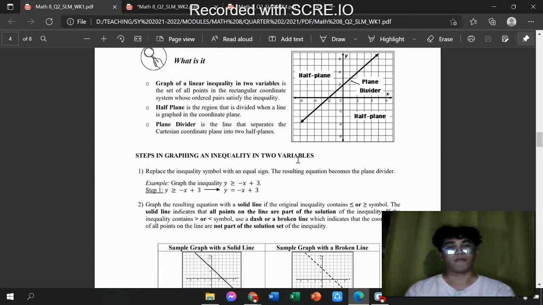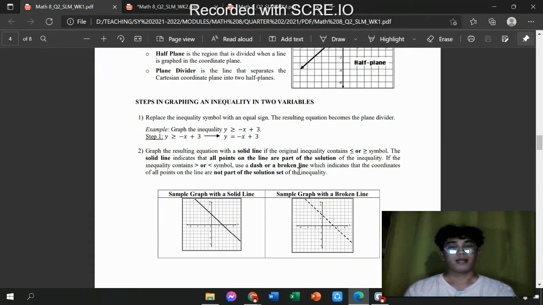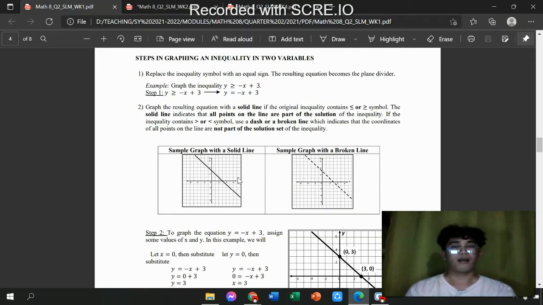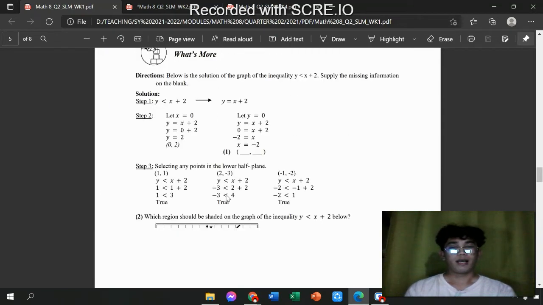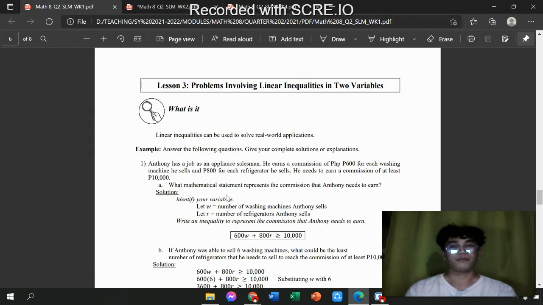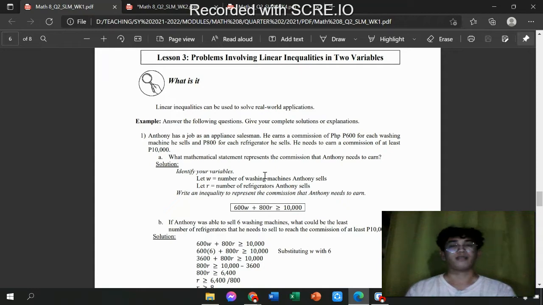So kabo na mo unsaon pagkuha sa plane divider ug unsa ang half plane. And the two kinds of line to be used in graphing, natay solid line or broken line. And then we also talked about problems involving linear inequalities in two variables. So this is very easy.